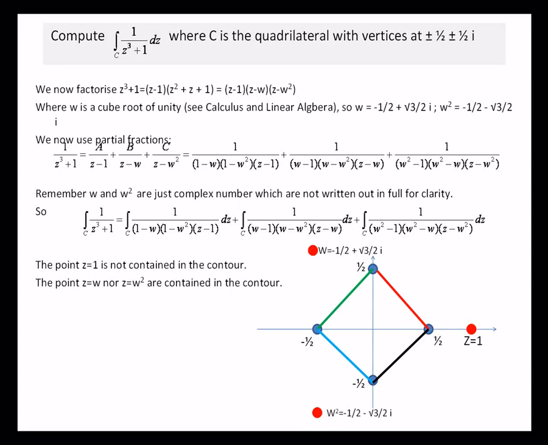So all the problem points, the problems that would cause issues when we try to evaluate this, are outside the contour. So we now have 3 functions, 1 over z minus w, 1 over z minus 1, and 1 over z minus w squared, all of which are analytic within the contour of the integration.